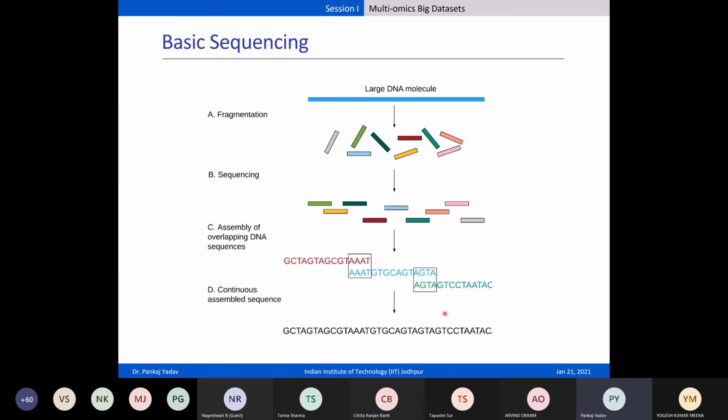So this is something we have already talked about, and then you finally come up with the final sequence representing your target molecule. There is a lot of algorithmic work involved here, mainly from assembly onwards, to continuous assembly.